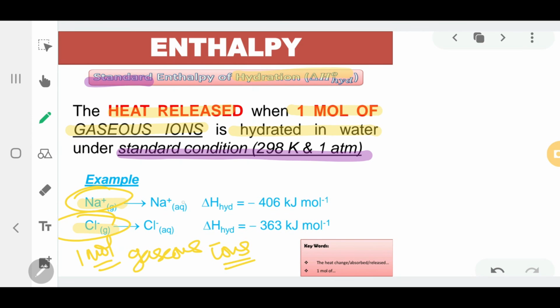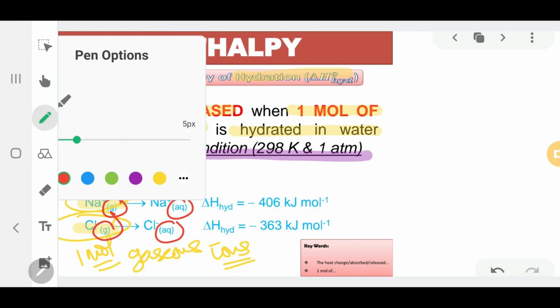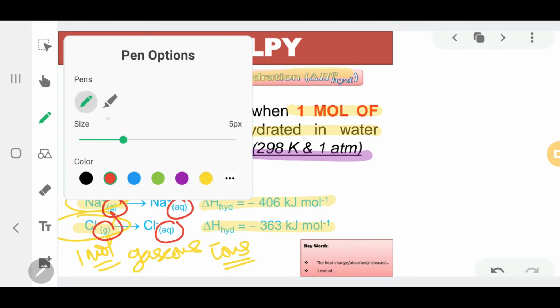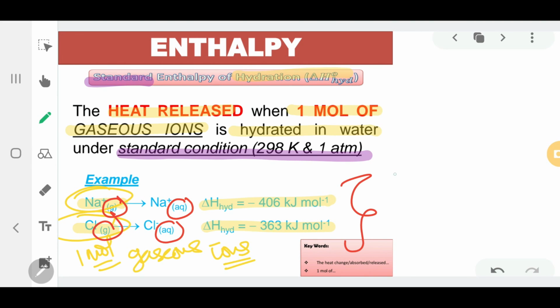So note the change in phases from gas into aqueous, because over here we have the Na plus added with water already. So this is what is meant by enthalpy of hydration. You have 1 mole of gaseous ions hydrated in water to have this, and the heat will be released. So the heat for hydration is always going to be an exothermic reaction.